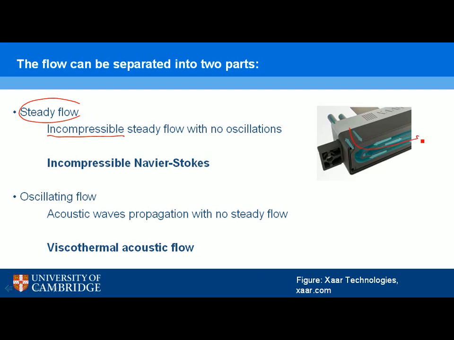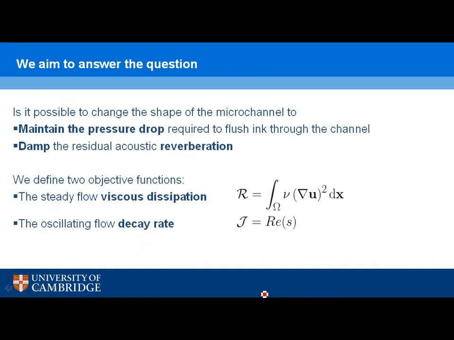That's for the through flow, and for that we use the incompressible Navier-Stokes equations, and these are relatively easy to solve. The second problem is for the oscillating flow, and here we say we have no steady flow, and we look at acoustic wave propagation. Here we have to include the viscosity and also the thermal diffusivity. And we ask, is it possible to change the shape of this microchannel in order to maintain the pressure drop required to flush ink through the channel while damping these residual acoustic reverberations as quickly as possible?